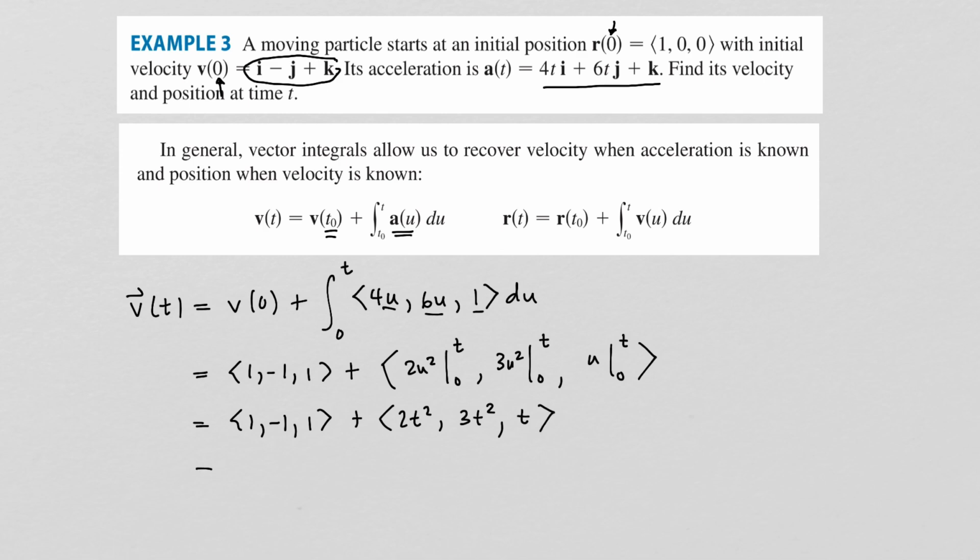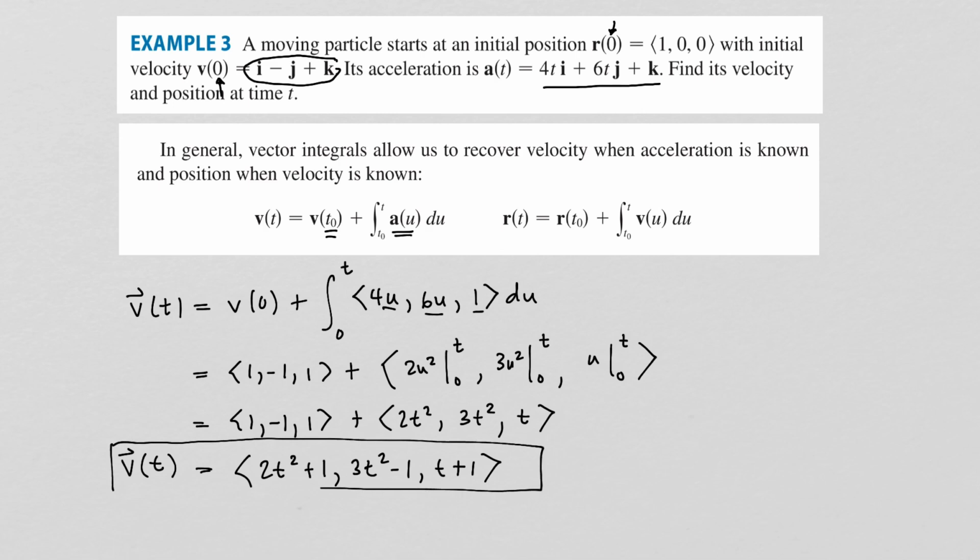And so now altogether, we can write this as the vector function 2t squared plus 1, 3t squared minus 1, and t plus 1. And this is our velocity function at time t.